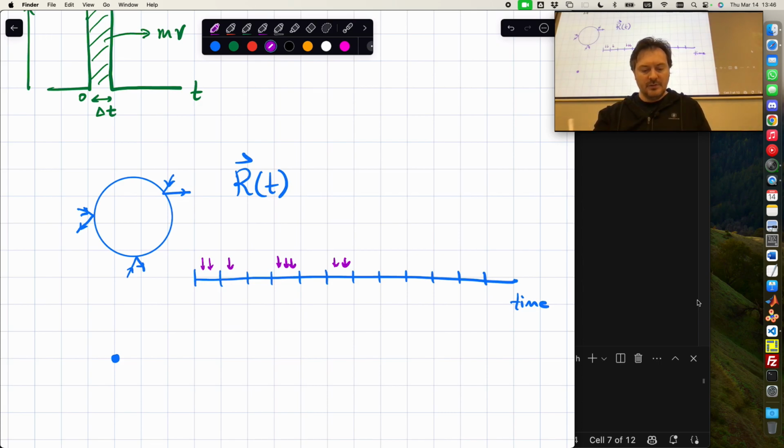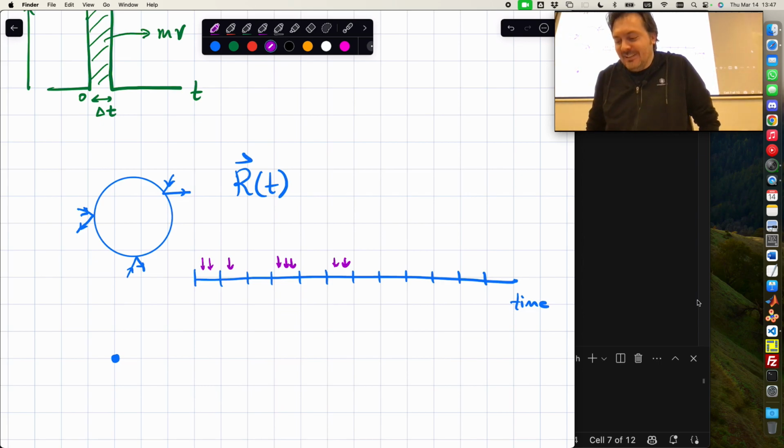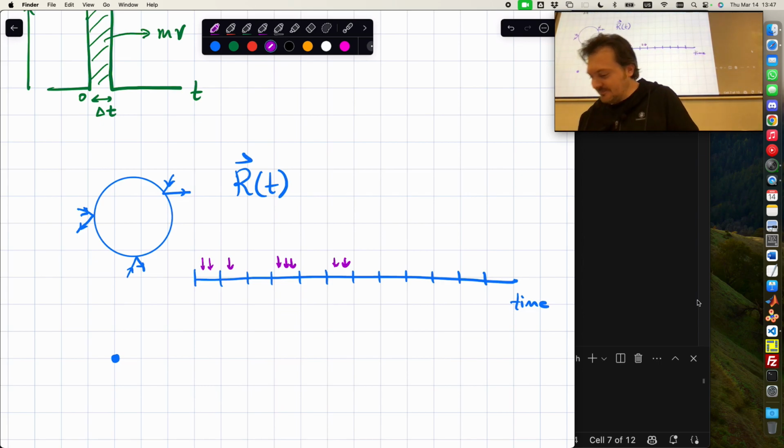Am I telling you this a bit in a bumpy way? I think right now the knowledge comes to you as impulses, and hopefully at home you will integrate it into a Gaussian.